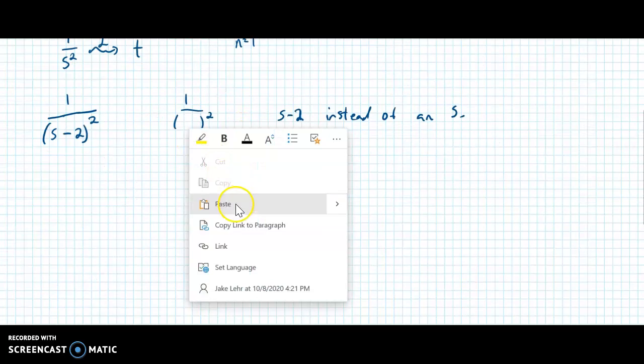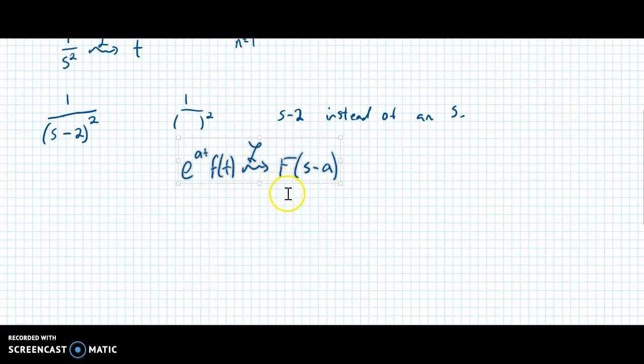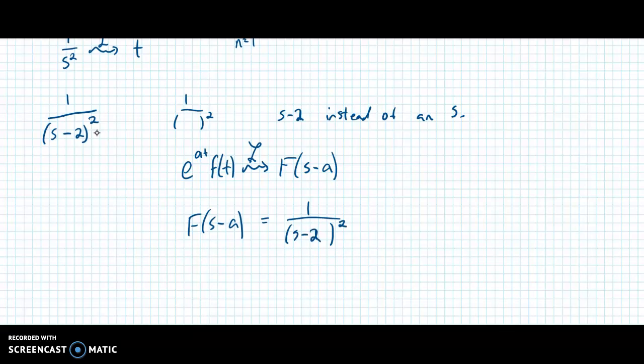put it right here. If I look at that right there, then my f of s minus a for this one right here is equal to 1 over s minus 2, squared.